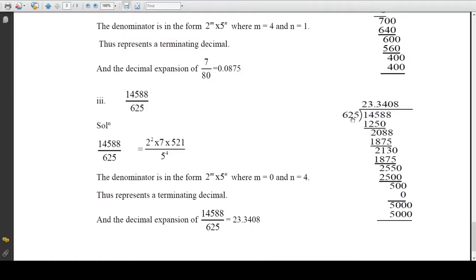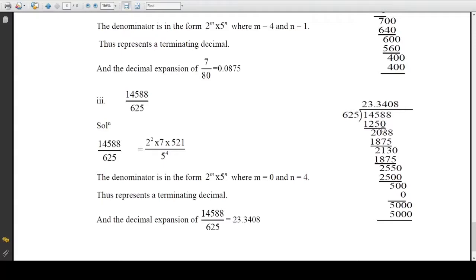14588 divided by 625. You go with 2. See the 3 digits 625, 145. Now this divisor is bigger, therefore you take 4 digits of the dividend. 625 times 2 will be 1250.